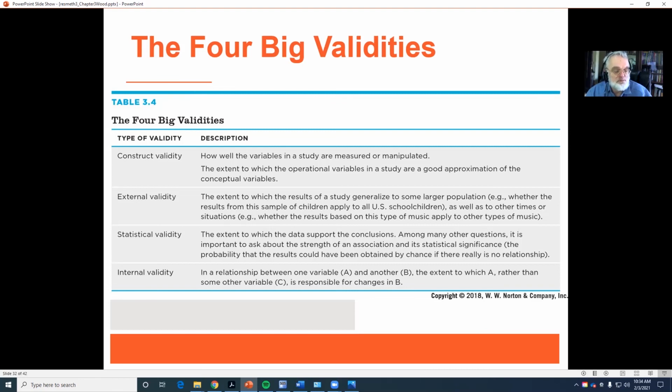I don't think that the book goes far enough with interrogating the statistical validity of a conclusion, and we'll take that up in another lecture. But for now, I want to sow some seeds of doubt about statistics, particularly if I do my study and I turn around and do it again.